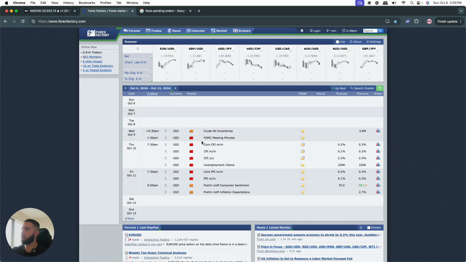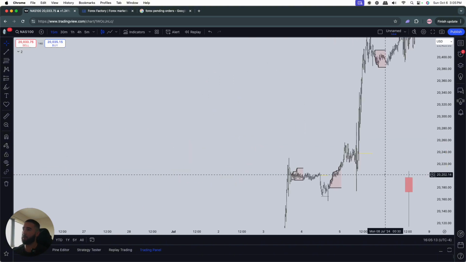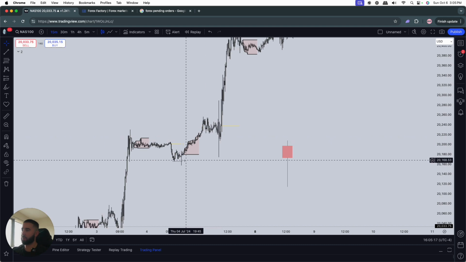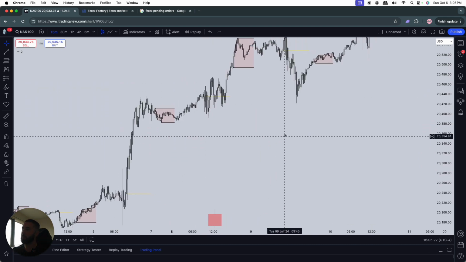You go on here and see we have FOMC, CPI, PPI. All these red folders are usually going to trigger these types of liquidity grabs, these types of fake outs. So we have two bearish examples there, faking to the downside, rejecting up, faking to the downside, rejecting up.